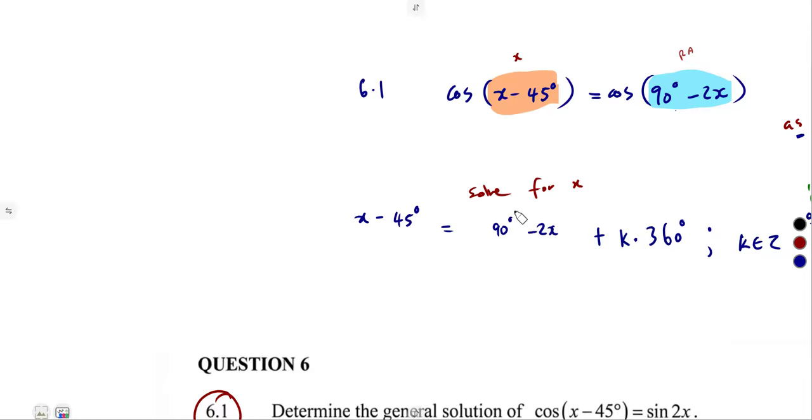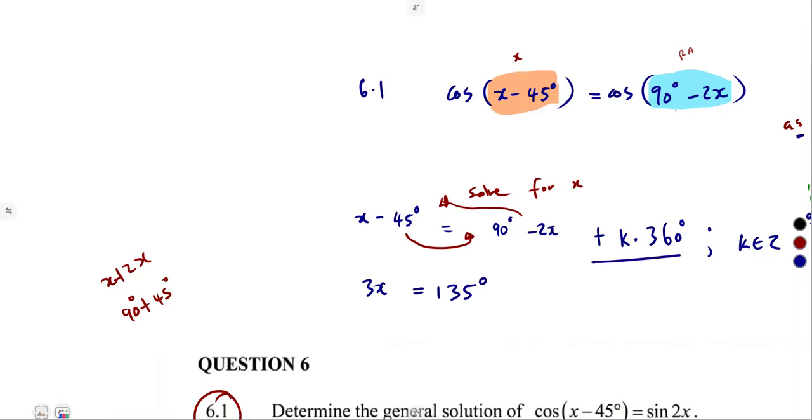I'm going to take the minus 2x to the other side, so it's going to be x plus 2x, which is 3x. Then I take the minus 45 to the other side of the equation, so it's positive there: 90 plus 45, which gives us 135 degrees.